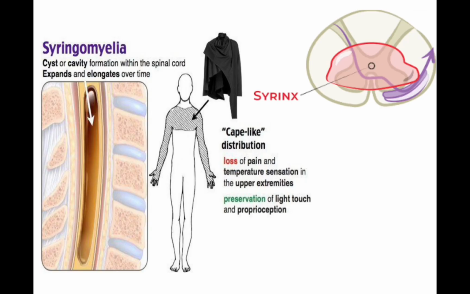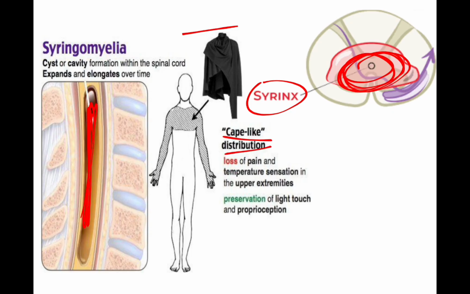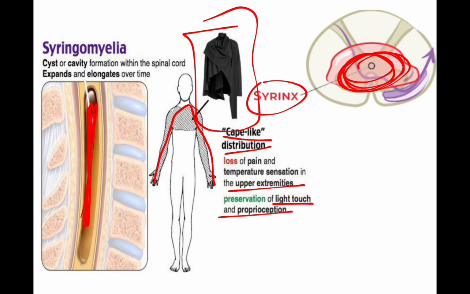Now this is syringomyelia, where you have the presence of a syrinx here. Syringomyelia is a cyst or a cavity formation within the spinal cord. It expands and elongates over time. It gives a cape-like distribution. So there's loss of pain and temperature sensation in the upper extremities and preserved light touch and proprioception.